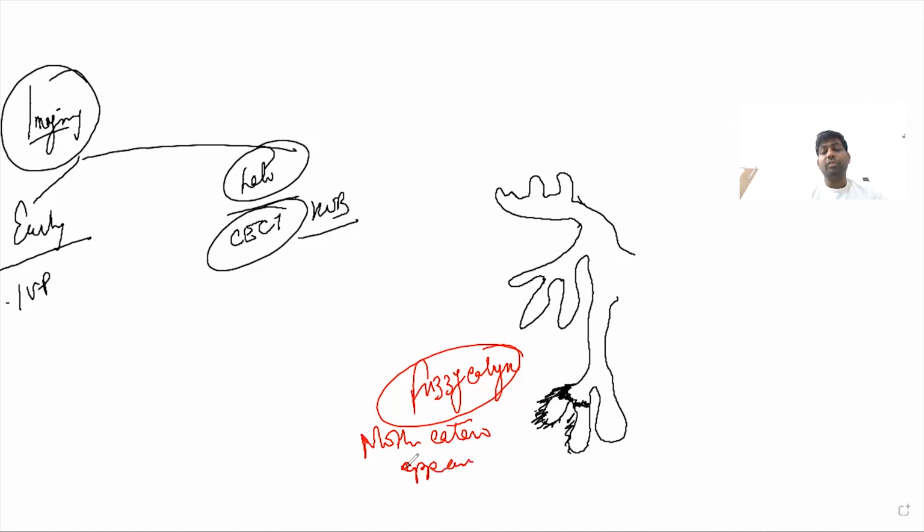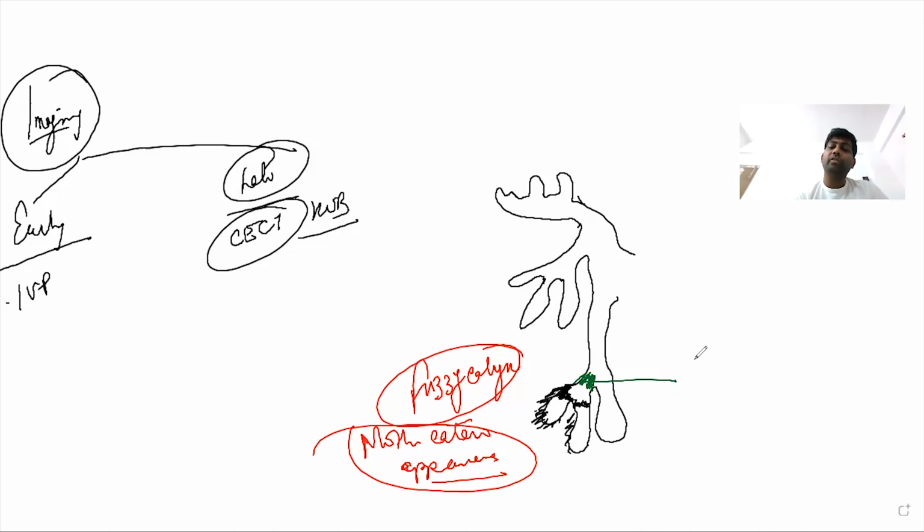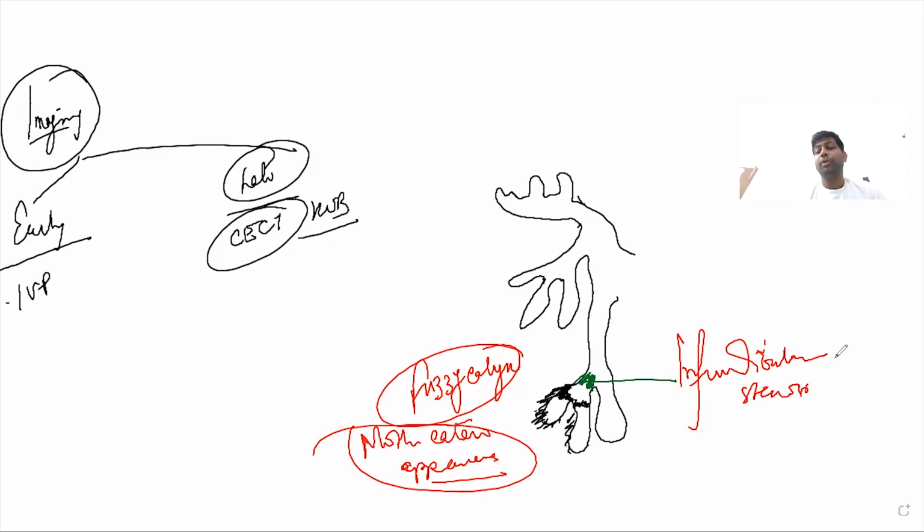Now, the persistent fibrosis will lead to narrowing of this whole thing, and this is known as infundibular stenosis. What happens if this persists?